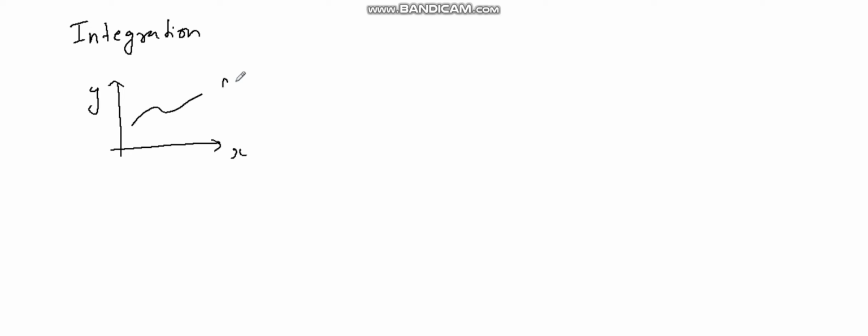Okay, so we are going to do integration, right? Let's say we have this x and y axis, and we're gonna have this curve f of x. Now we'll take these 2 points, let's say x, and the other point is x plus delta x.